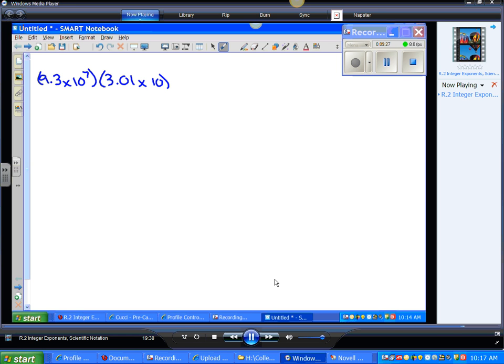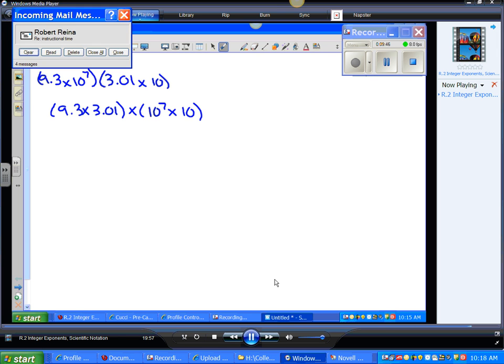So you're multiplying the n values, 9.3 and 3.01, and you're multiplying your 10 to the 7th and your 10 to the 1st. And remember, when we multiply common bases, we add those exponents. All right, so we get 27.993 times 10 to the 8th power.